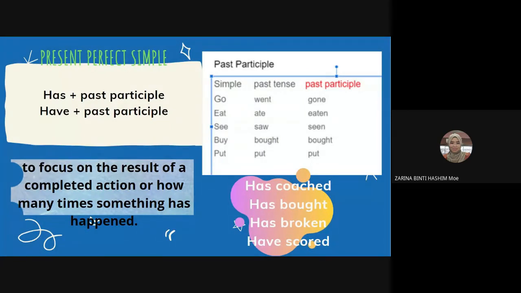Okay. Thank you. Next, 4B. Really? How? Varen, can you give the answer for 4B? How it happened? How do we write the question? Do we use simple past or present perfect?